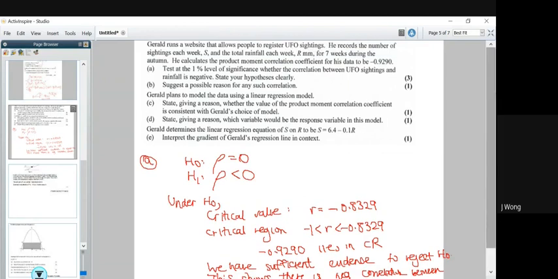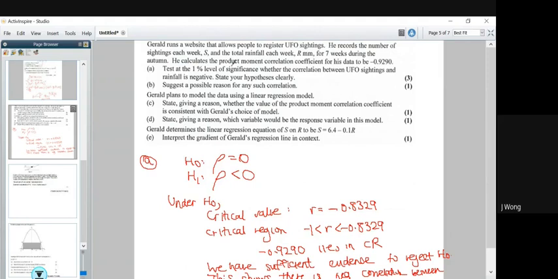So what we're going to write is that we have sufficient evidence to reject H0. That shows there is negative correlation between S and R.